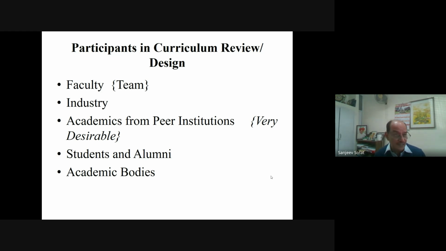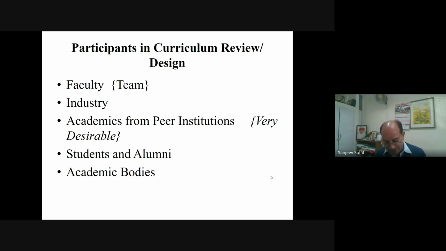Curriculum is a game where a large number of people have to be involved. They are all the stakeholders for this curriculum. Industry is one of the stakeholders. Why? Because they are the ones who employ people.